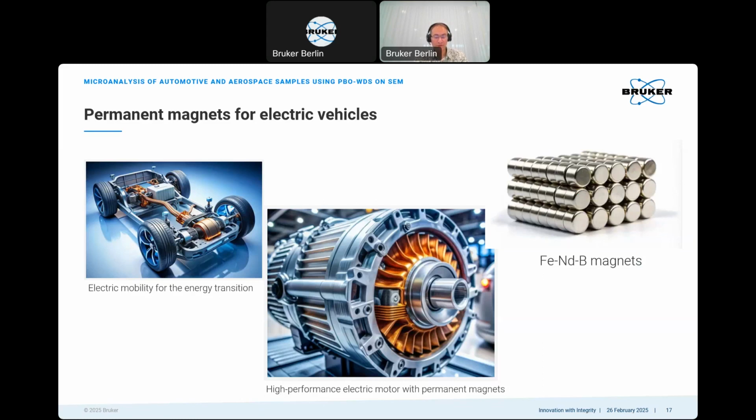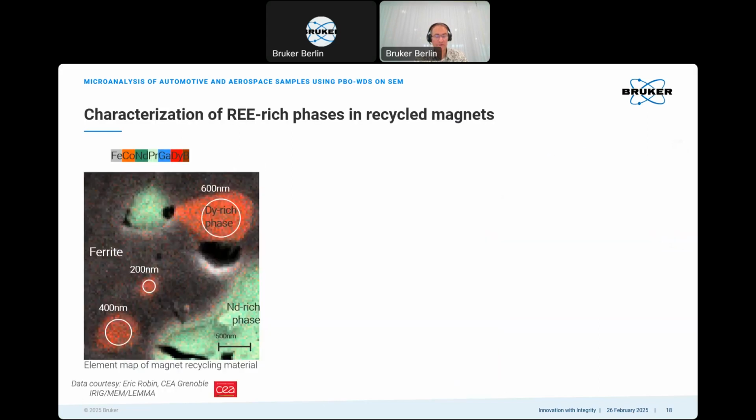And since not all countries have reserves and not all politicians want to make deals with Ukraine, we have to focus on alternative sources for the rare earth elements. And there is recycling of used magnets and other RE-containing waste.